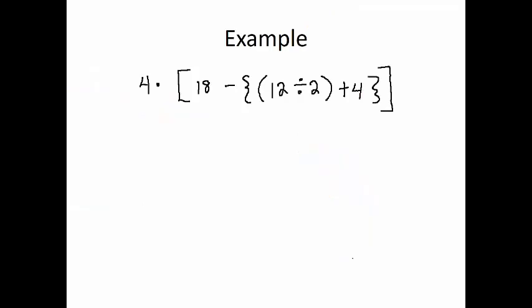Alright, here's an example, just getting a little bit larger here. Please eat more desserts. Nate's great strawberry mousse. So we're going to start with our parentheses, and we're going to start with the inside most ones. 12 divided by 2 is 6.